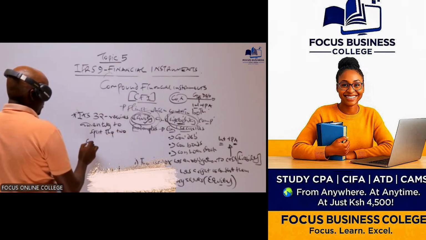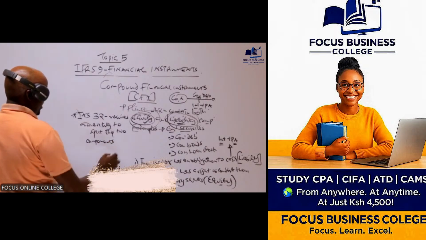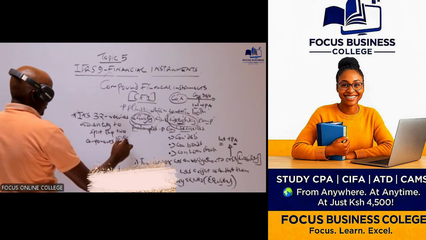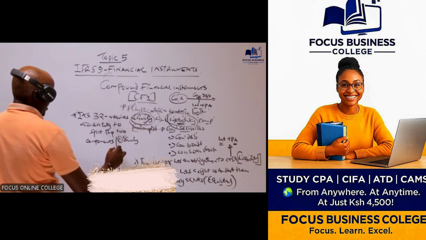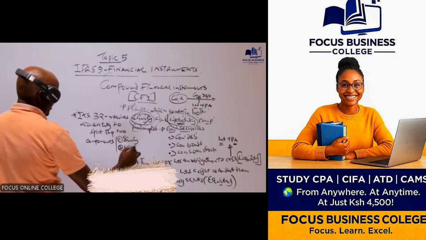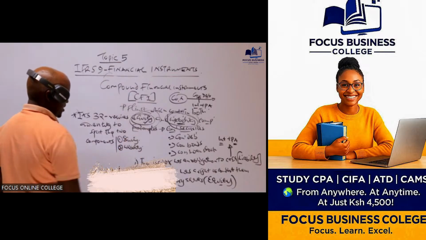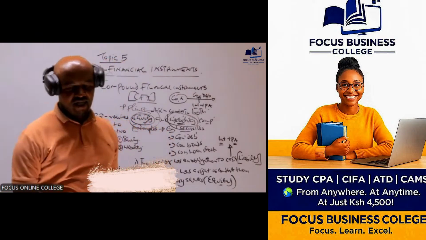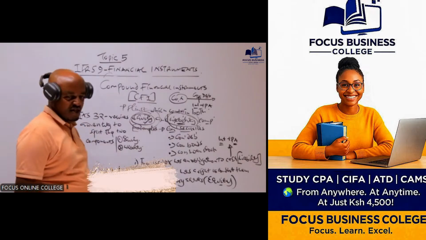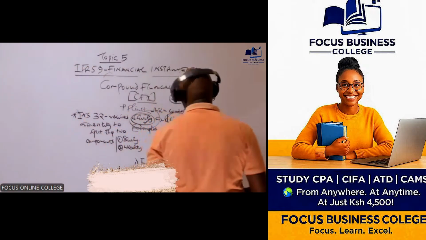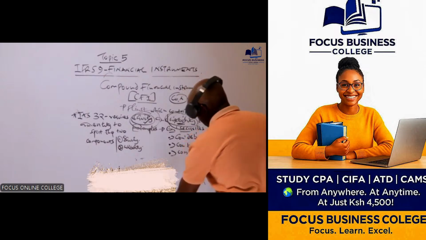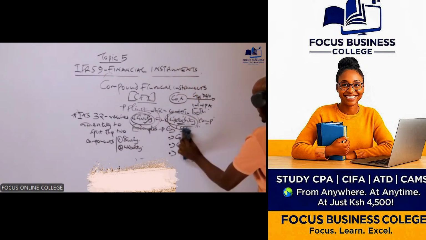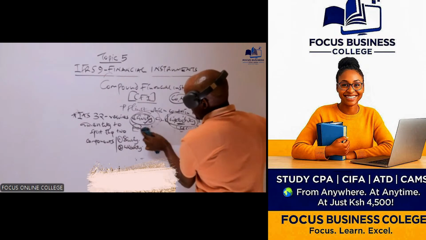So which are the two components here? Number one, the equity component, and number two, the liability component. So those two components must be separated, must be split in other terms, and be accounted for separately. I want us to look at how we do that particular split.